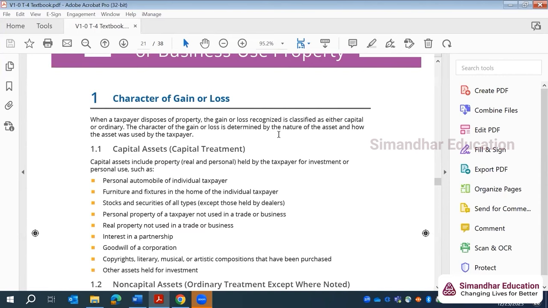So make note of all the code sections that we would be covering in this section, and be mindful that when we are discussing the capital section, whether it pertains to an individual taxpayer or a corporate taxpayer, remember, in my first class, I had mentioned that there are different ways a taxpayer is taxed. Individual taxpayer has progressive rates.